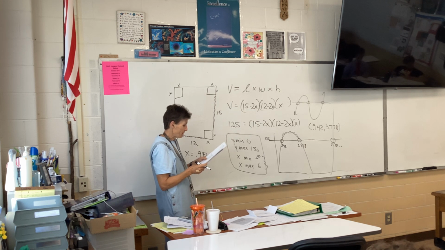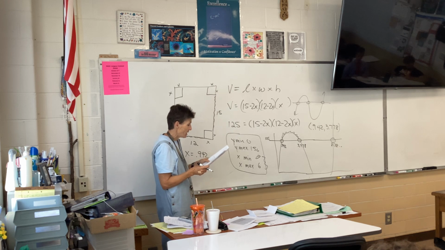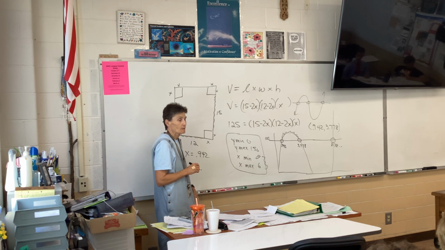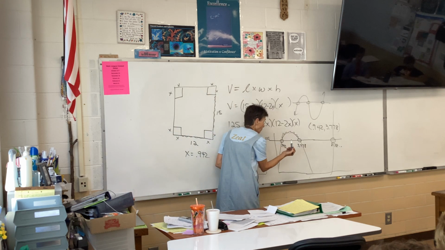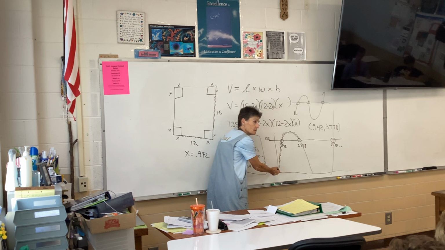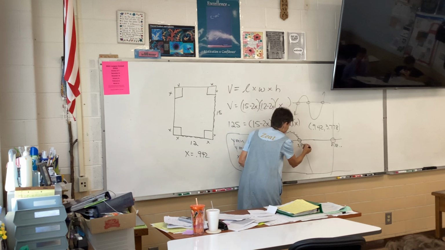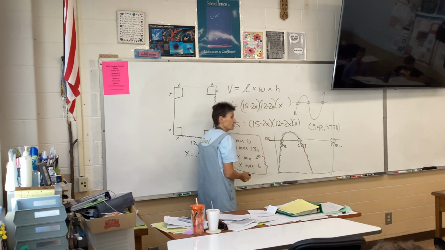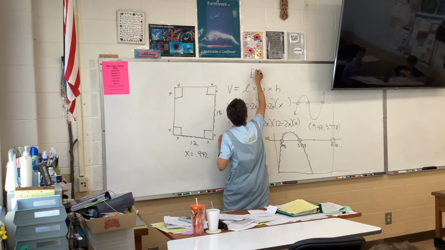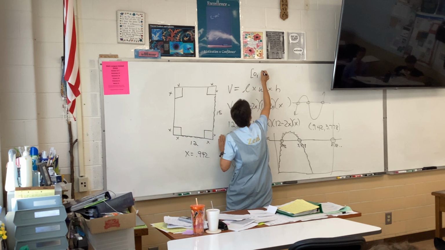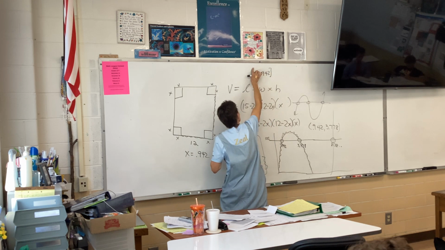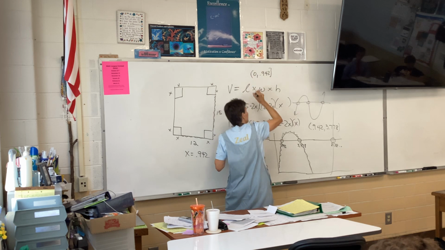What size corners should be cut to yield a box with a volume of, at most, 125? That would be this part of the problem right here. Would you agree with me? And this part of the problem right here. So 0 to 0.942. And actually, I probably shouldn't include 0, should I?